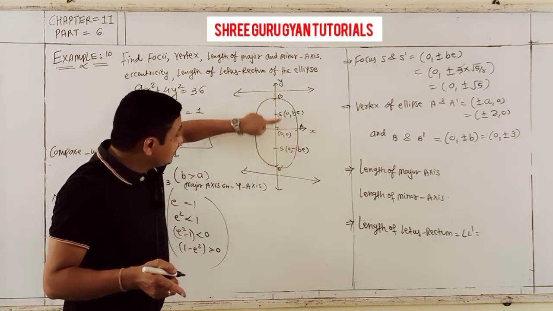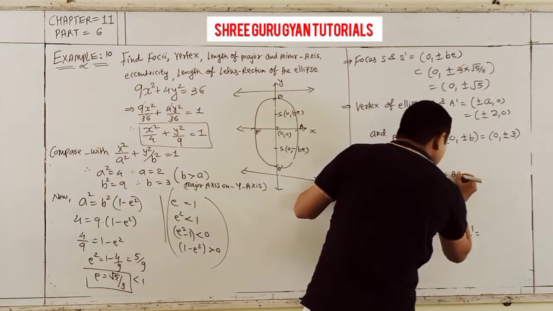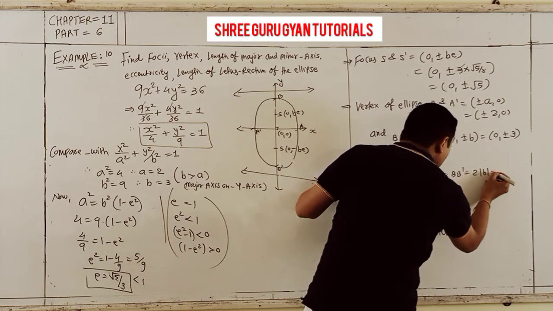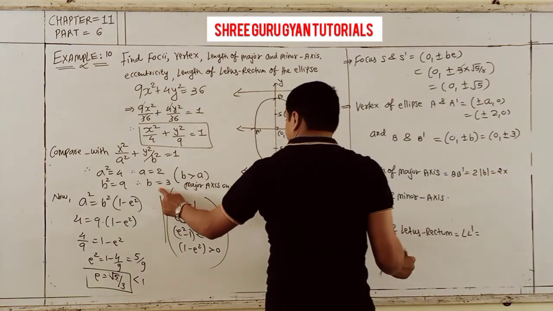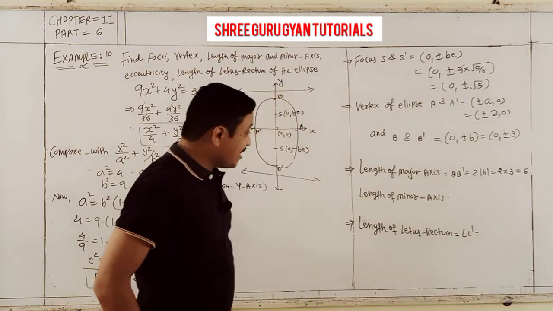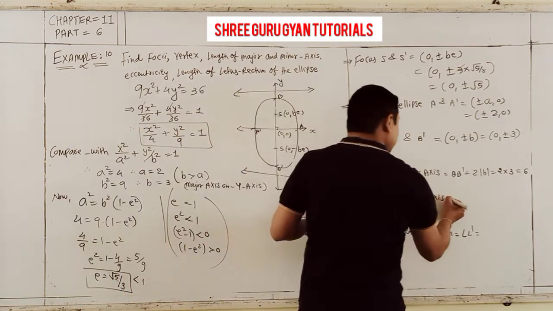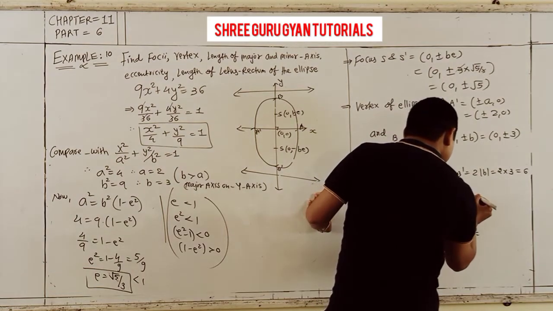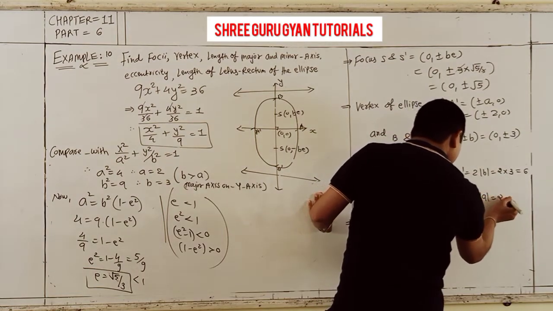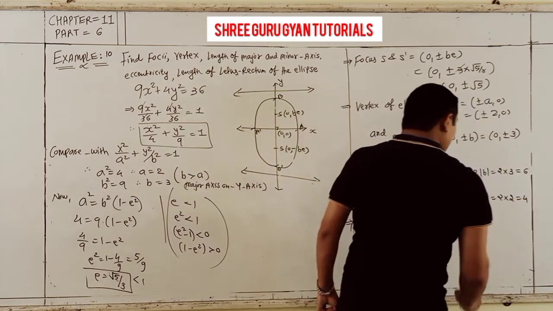So what's the length now? BB dash. So length of major axis BB dash is twice modulus b. And what's the b? b is 3, so it is 6. Same for the minor axis. This is the minor, A A dash. So it is 2 modulus a. And what is the a value? a is 2, exactly 4.